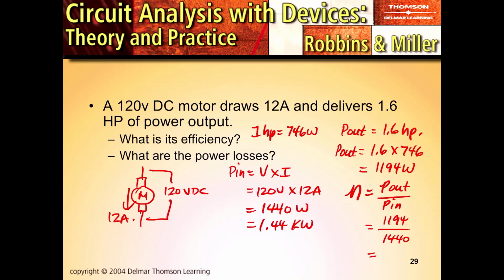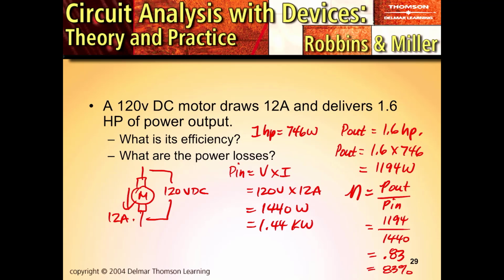So 1194 divided by 1440, the result is 0.83. So you can express N as 0.83, or you can multiply 0.83 times 100% to give you 83%.